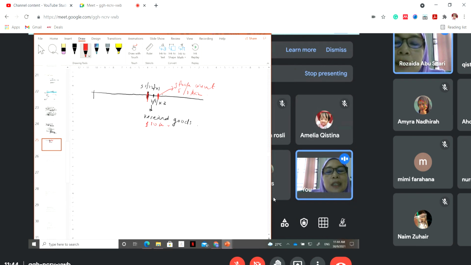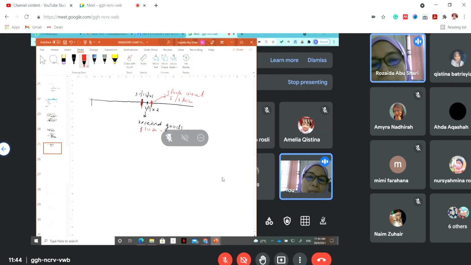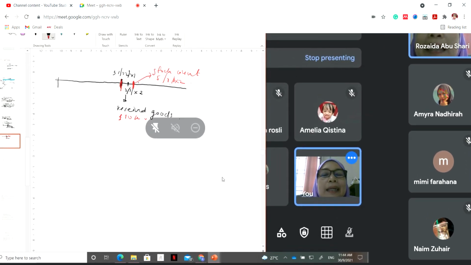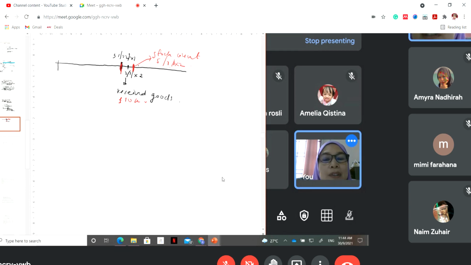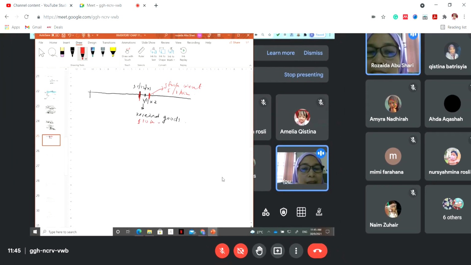So when the clerk or the person in charge counting the stock, do you think that they will include it in the stock count? Awak rasa lah, when the clerk counted the inventory, do you think that they will include the goods inside that inventory?